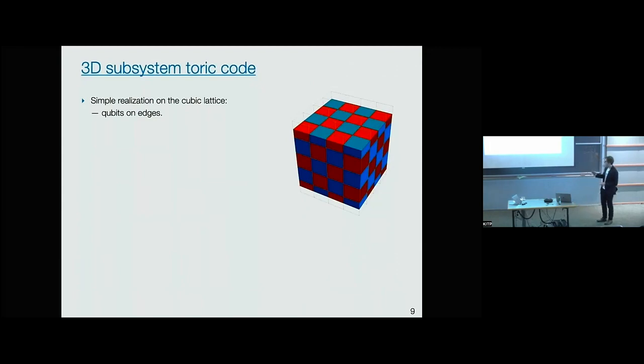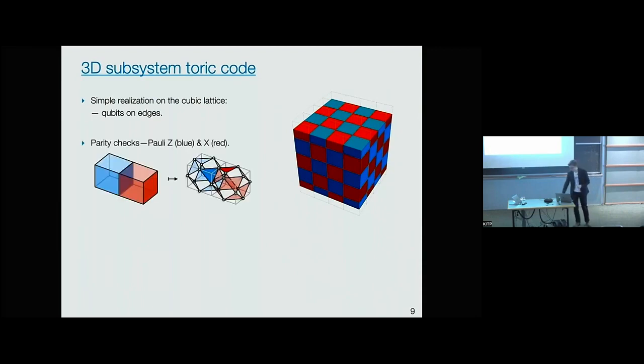So here I depicted some region of the cubic lattice. Notice that the volumes of the cubic lattice can be colored red and blue in a checkerboard fashion. And I will define the code first by placing qubits on the edges of the lattice. And then in the bulk, I will be measuring parity checks of Z and X type. Namely, for every blue cube, I will be measuring 8 weight-3 Z-type parity checks.